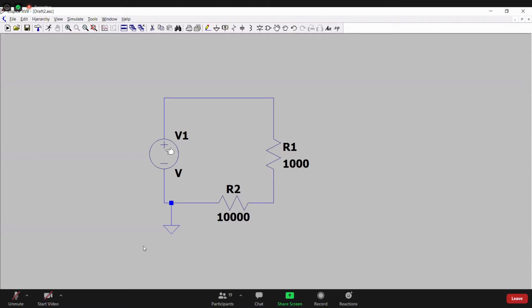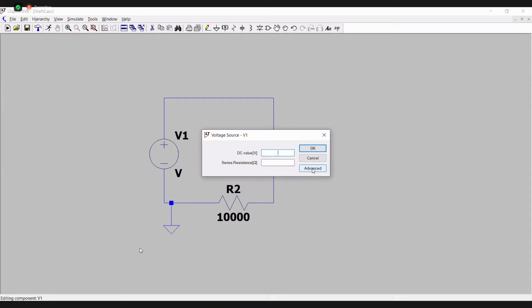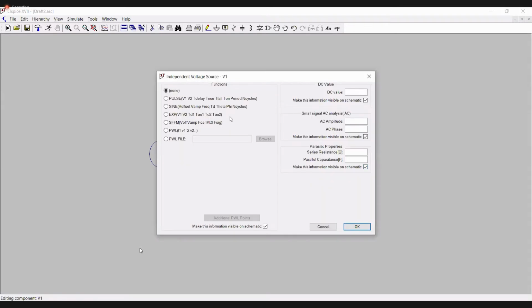So now again, right click on this voltage and then press advanced. Okay, so under advanced, press sine. So again, the voltage that was instructed to be placed here is 8 volts peak to peak.